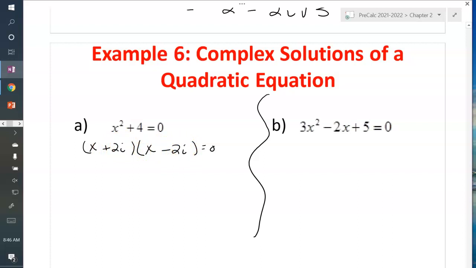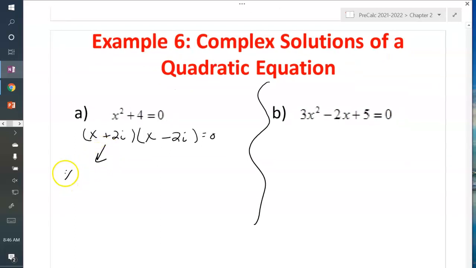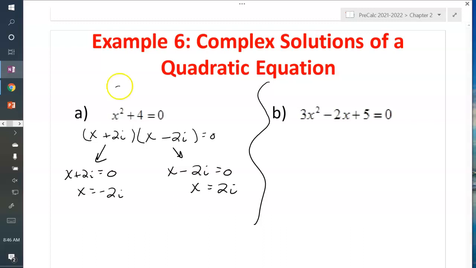So when you do that, what you end up with is x squared plus 4. Okay? So then this one, x plus 2i equals 0, x equals negative 2i, x minus 2i equals 0, x equals 2i. When you have a sum of two squares, think about complex conjugates.